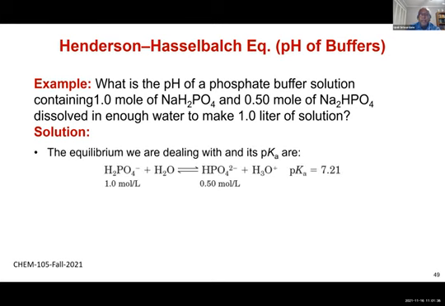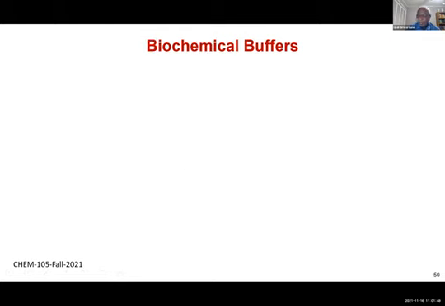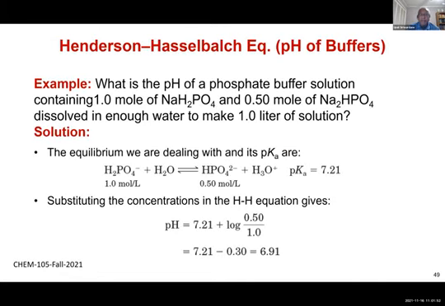The pKa value of sodium dihydrogen phosphate is 7.21.